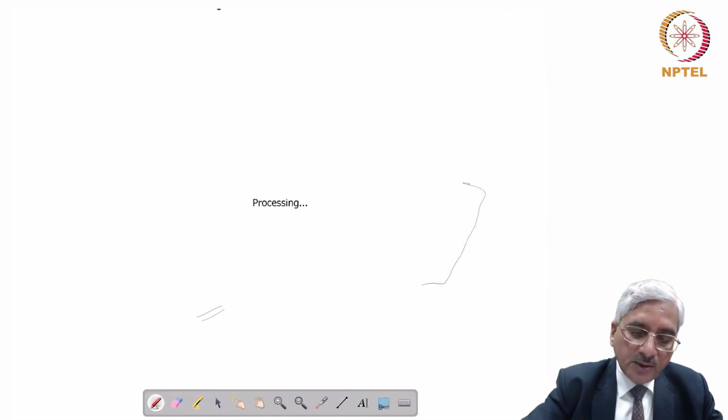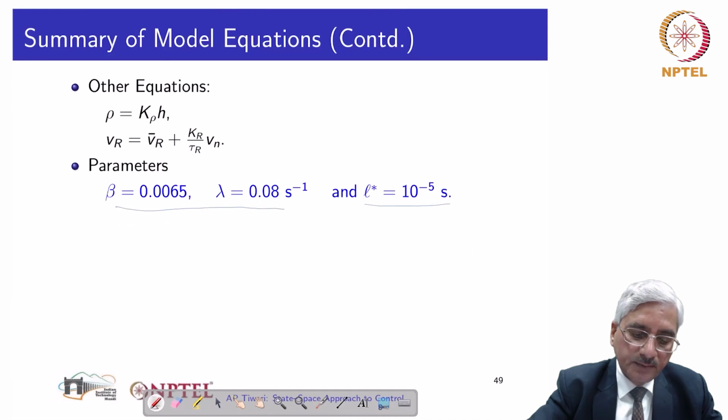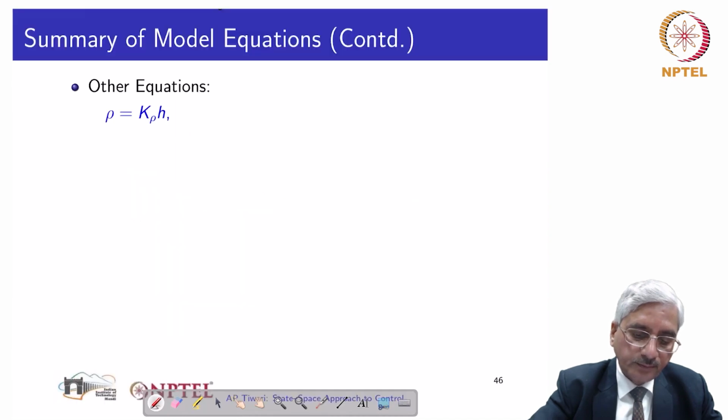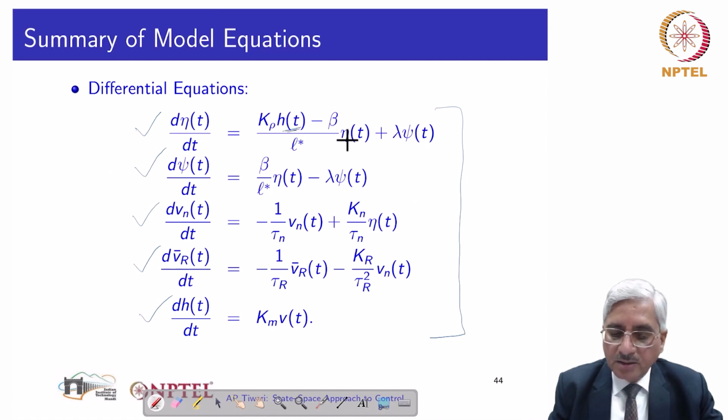Then the other thing we notice, I just go back to those equations. Here, this is K rho into H. If you open this, you will get a term K rho H(t) into eta(t).